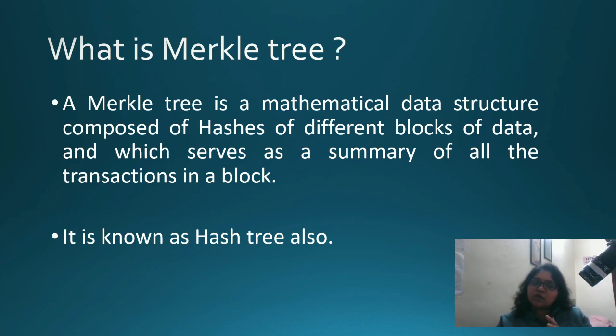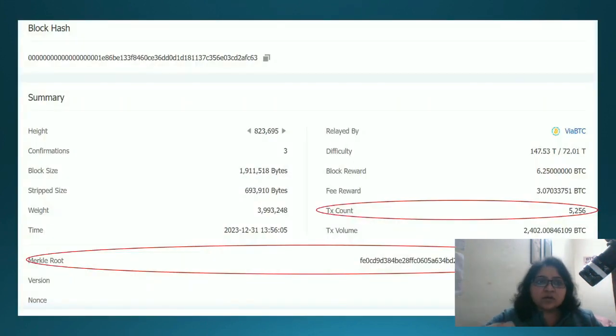Also, we can call the Merkle tree a hash tree because it's a combination of hashes from all the transactions. Let's see this one. If you remember, we have gone to the site of a blockchain explorer where we have seen the block. Suppose I am in block 823,695. You can see here there is a Merkle root. So this Merkle root is giving you a single cryptographic hash for all the transactions of this particular block.